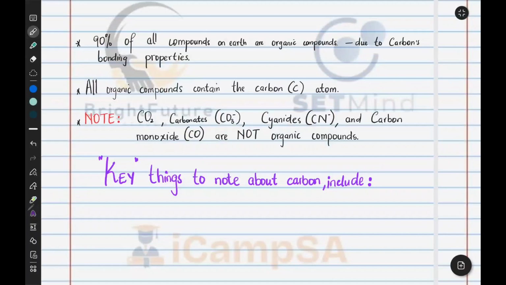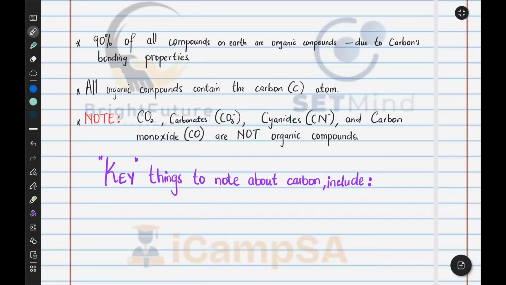Some other key things we must note about the carbon atom: if we go to our periodic table, we find carbon in group 14. That means it has 4 valence electrons, and for that reason carbon is able to form exactly 4 covalent bonds.